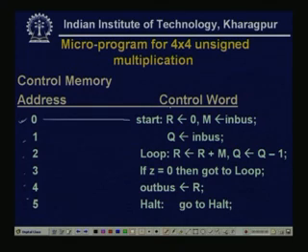These are two independent operations and they can be combined to get parallelism. Now, at address 1, the register Q gets the in bus, say the multiplier. So, Q gets the value of the multiplier, whereas M is the multiplicand.